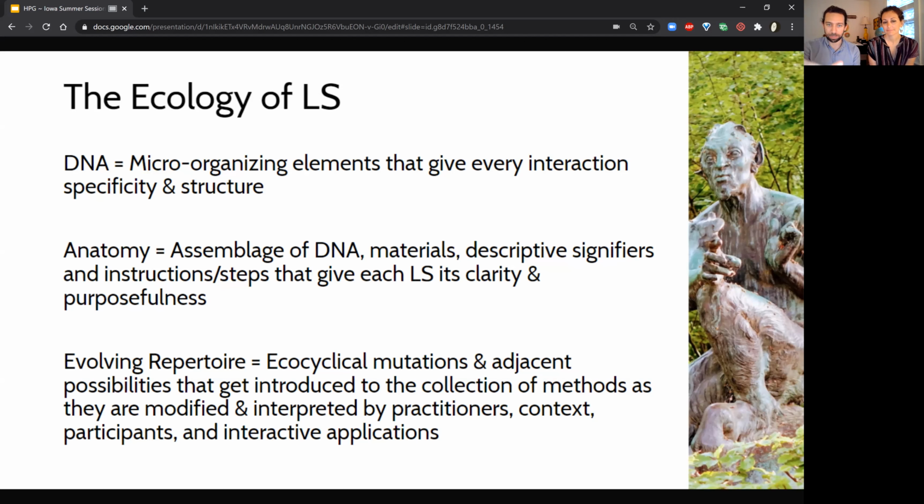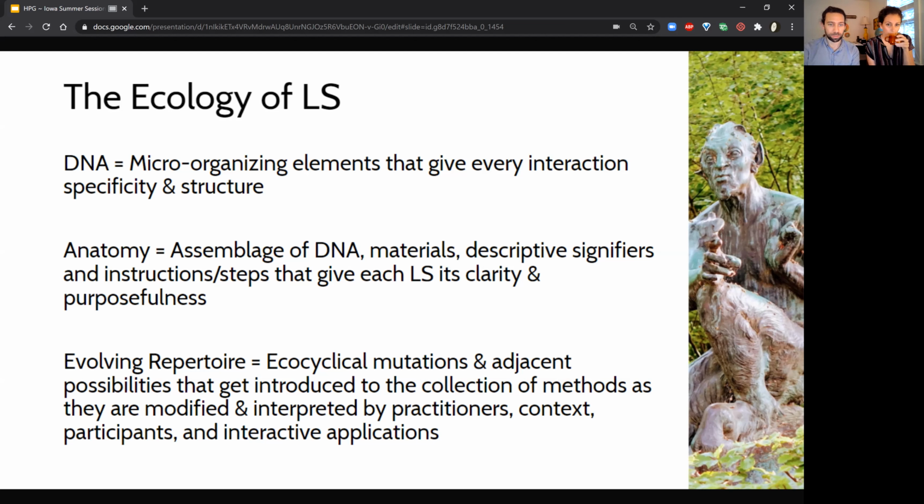And that is what we often think of as a single liberating structure. It is by specifying the DNA that each method gets a kind of purposefulness to it and has clarity. And then that collection of methods is held together in this evolving repertoire.